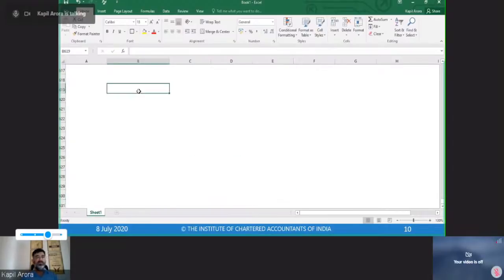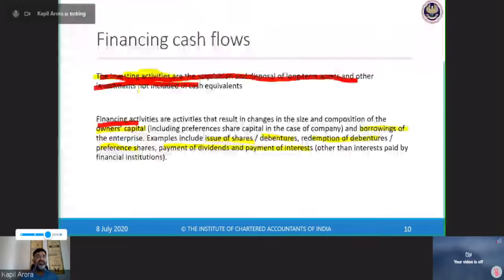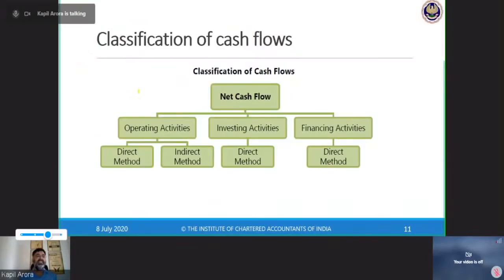Now, if we are clear with this, we have seen that the net cash flow comes from three activities which we have discussed: operating, investing, and financing. There are different ways to make the cash flow statement. We are not going to make it right now. We'll make it once we finish the entire slides.